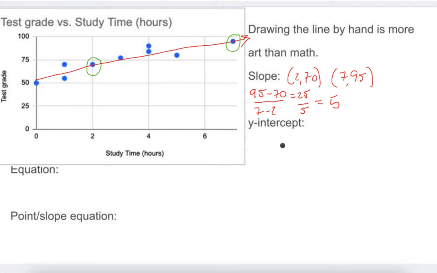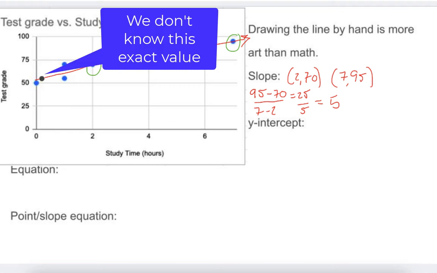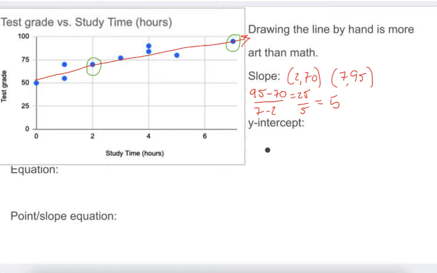So if we want to find the y-intercept, we can kind of see it, but we don't know exactly what it is, so we're going to solve for it. We're going to have a y number. We know the slope is 5. We're going to substitute in an x number plus the y-intercept that we don't know yet. We can use either one of these points. I'm going to use (2, 70).